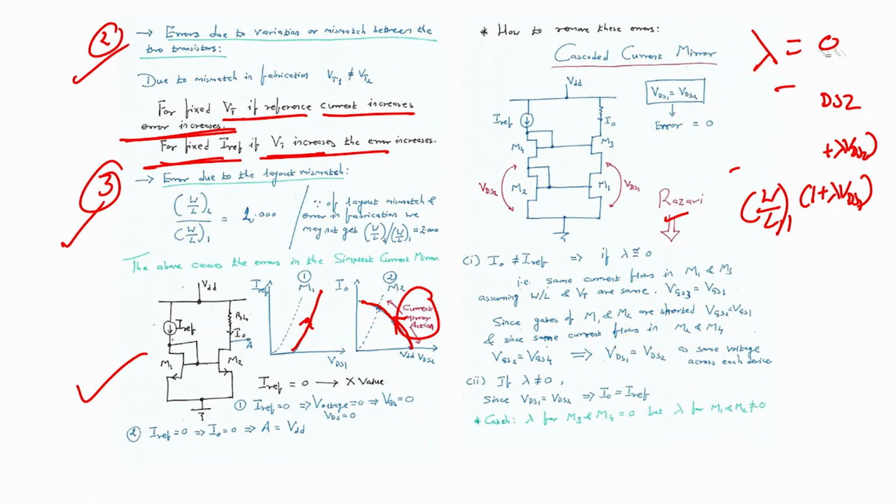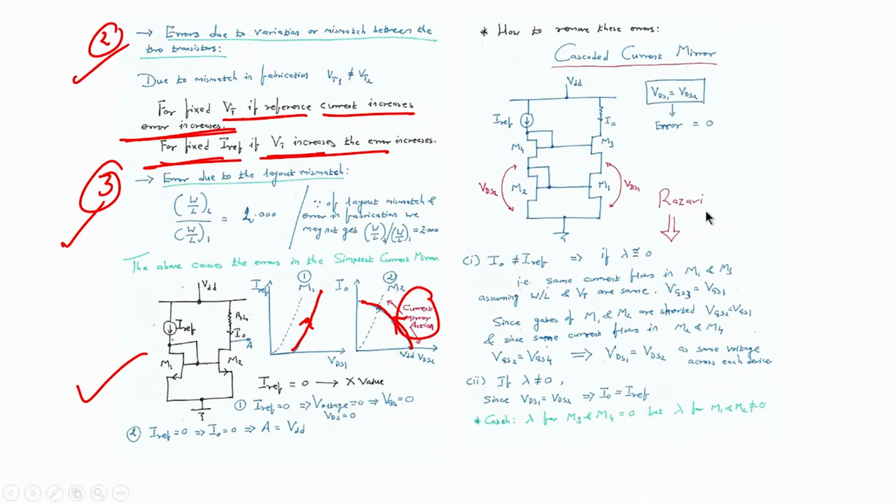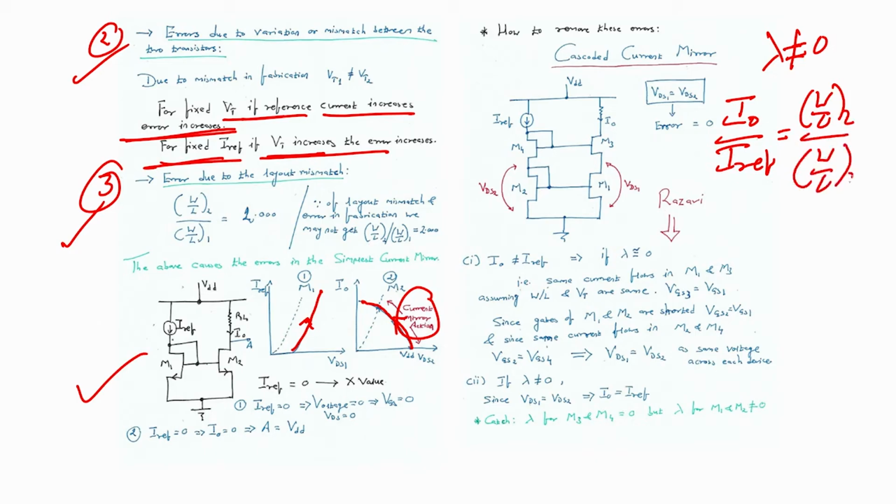I cannot have lambda equals 0 and VDS1 equals VDS2, particularly when your VDS1 is not equal to VDS2 and your lambda is not equal to 0. Then you cannot have this particular value where your IO by I reference will be W by L of 2 divided by W by L of 1.